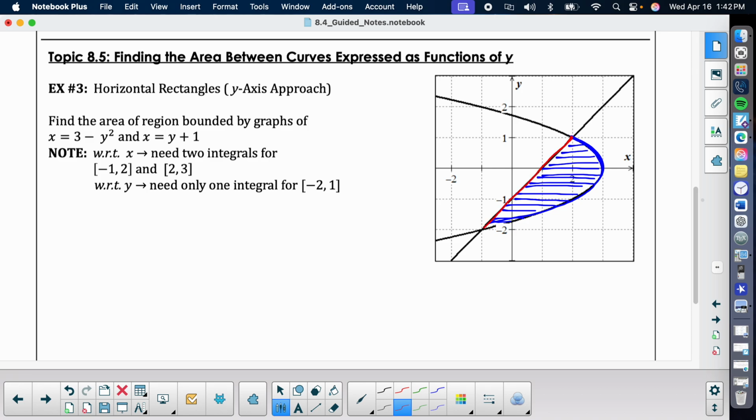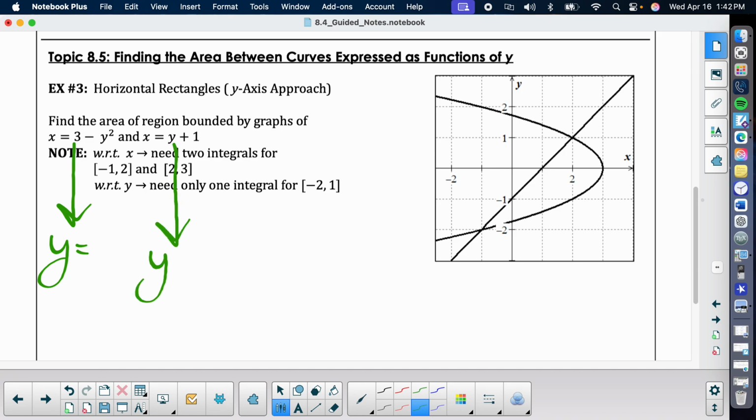And looking at this horizontally, all of the horizontal lines have the exact same right-hand side and left-hand side. So it's one solid integral. If I chose to solve these equations so that they both said y equals, I could make these equations vertical.